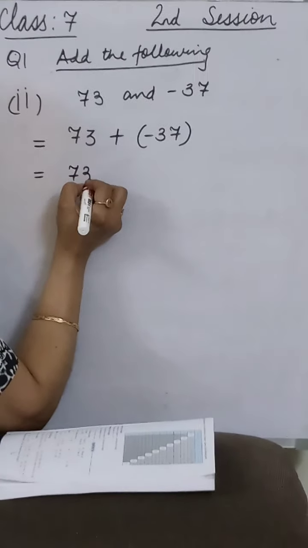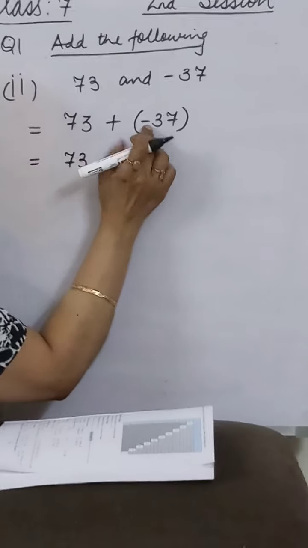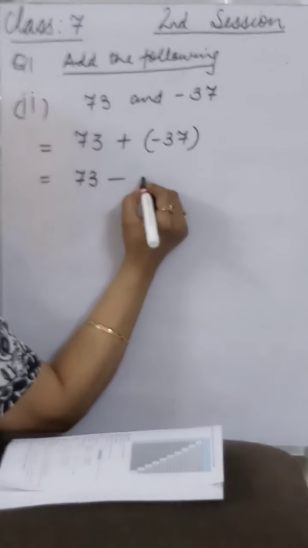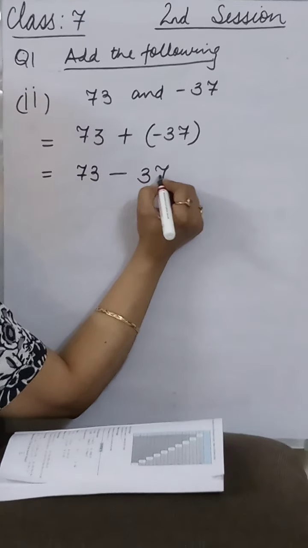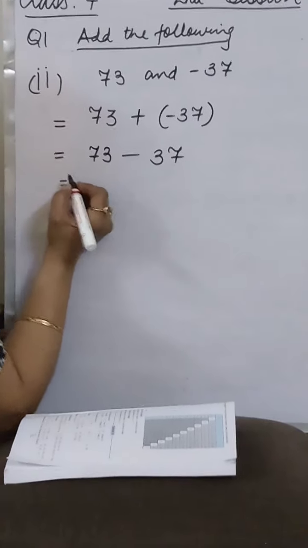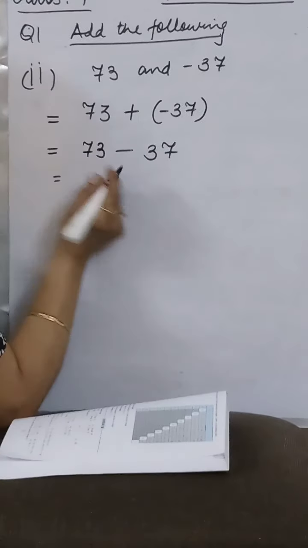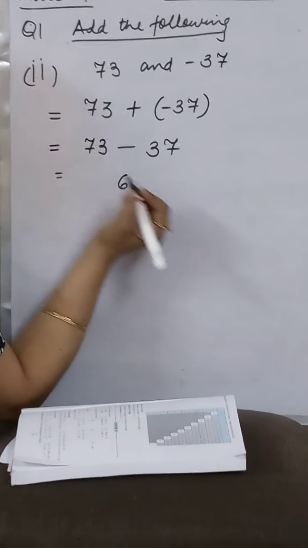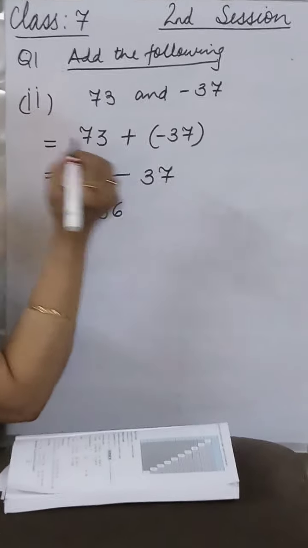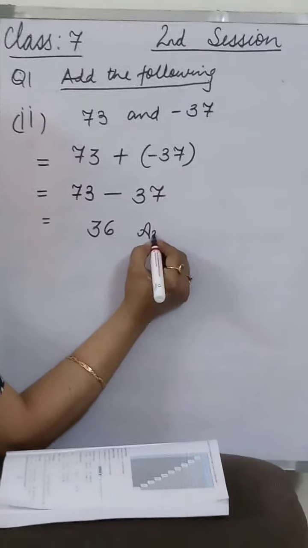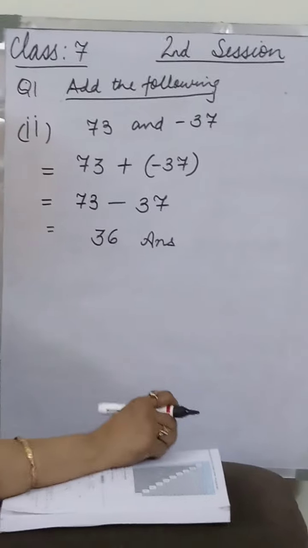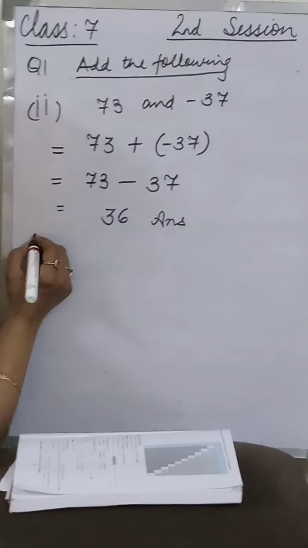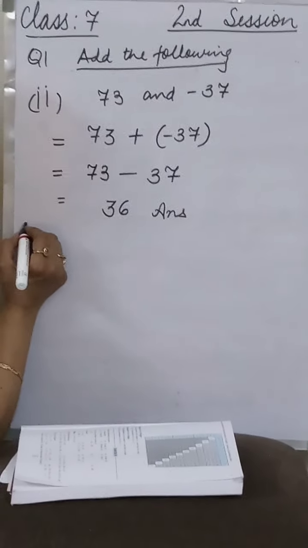We open the bracket. This is plus, this is minus, two different signs. The sign is going to become minus, and it becomes 73 minus 37. Now 73 minus 37 will give you 36. This is the answer. This way we are going to do it. Third one now.